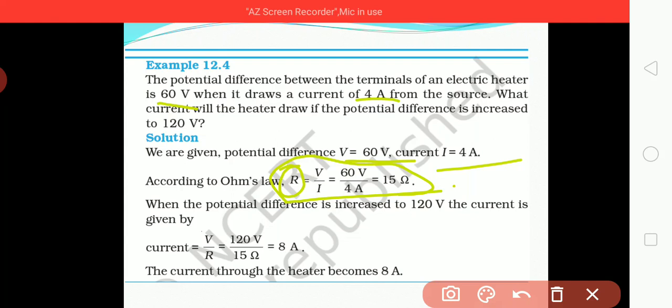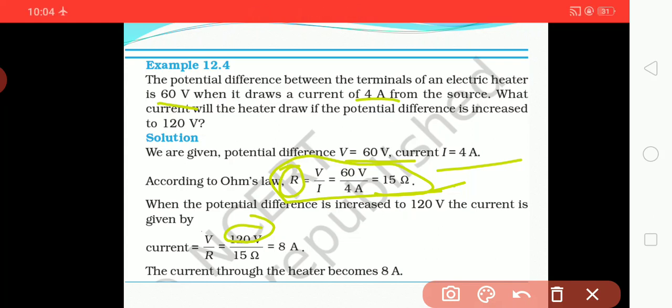Now in the second case we are given a potential difference of 120 volt. Here, from the first case we get R is equal to 15 ohm, and V is equal to 120 volt, which is given.